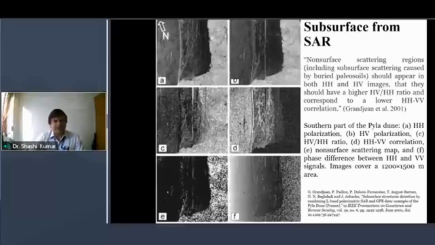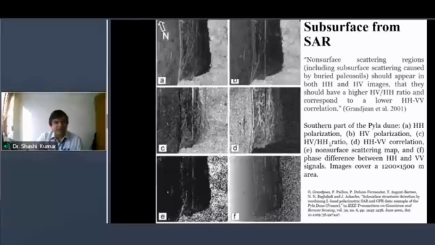In the HV by HH ratio, if you see here, this feature is enhanced. But if you see the same feature in the other imagery, the feature which was enhanced in the HV by HH ratio appears as a dark patch or dark linear feature in the HH minus VV correlation.